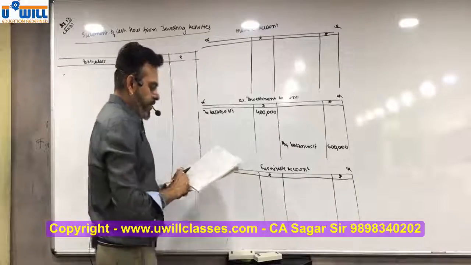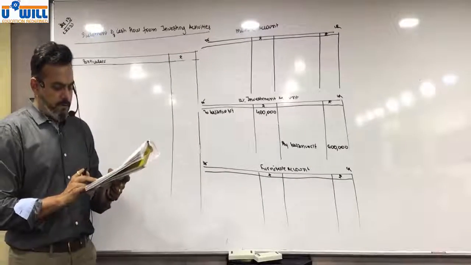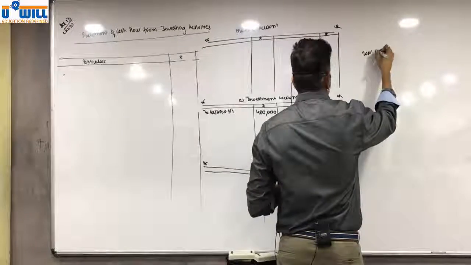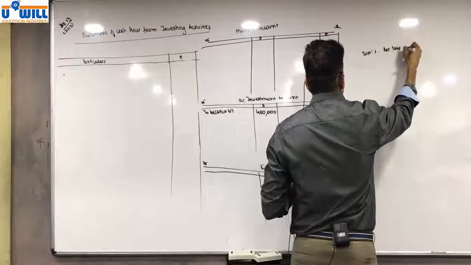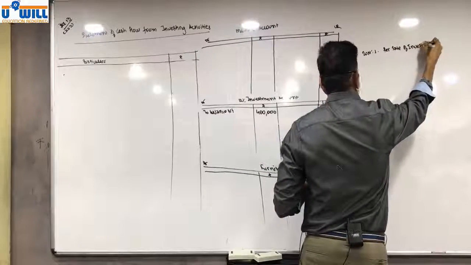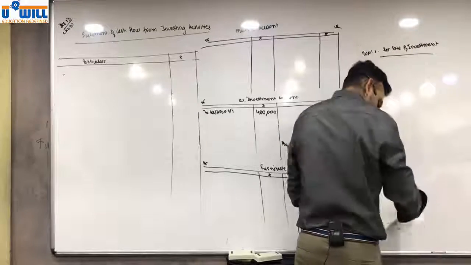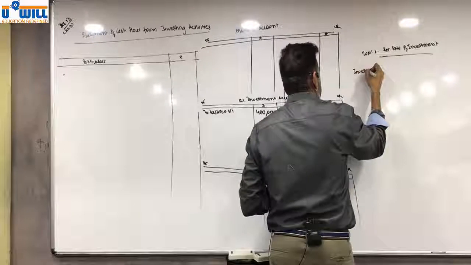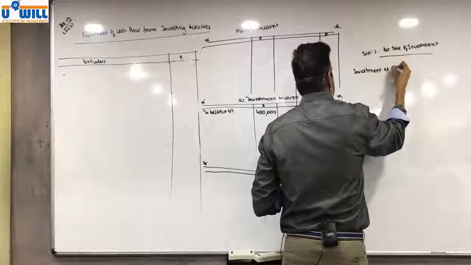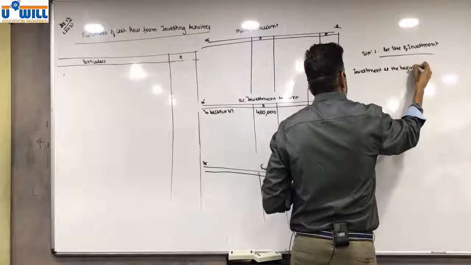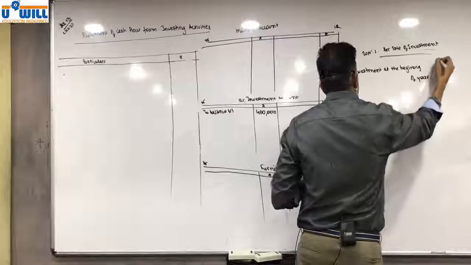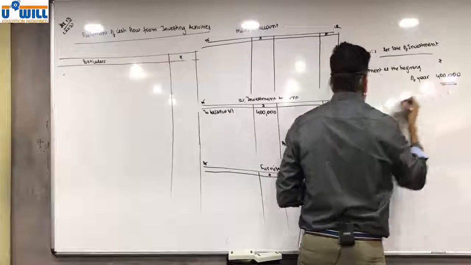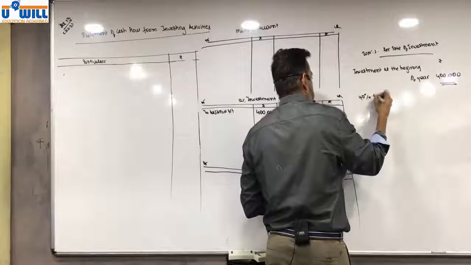In the beginning of the year, 40% investment were sold for 3 lakh. Working note 1. For sale of investment. Investment at the beginning of year, Rupees 4 lakh. 40% sold.